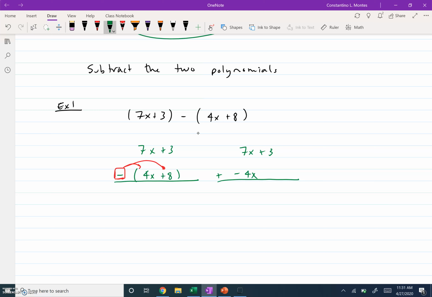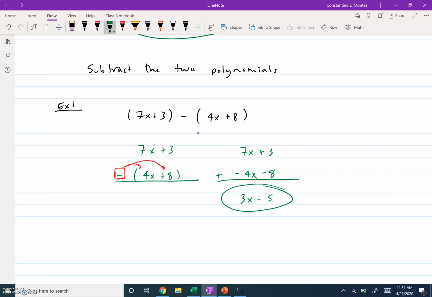Negative 1 times an 8 is minus 8. And after you've distributed the negative, we're just going to add straight down. So 7x plus a negative 4x is going to give me a positive 3x. If I take 3 and I add negative 8, that would be minus 5. So my answer here would be 3x minus 5.